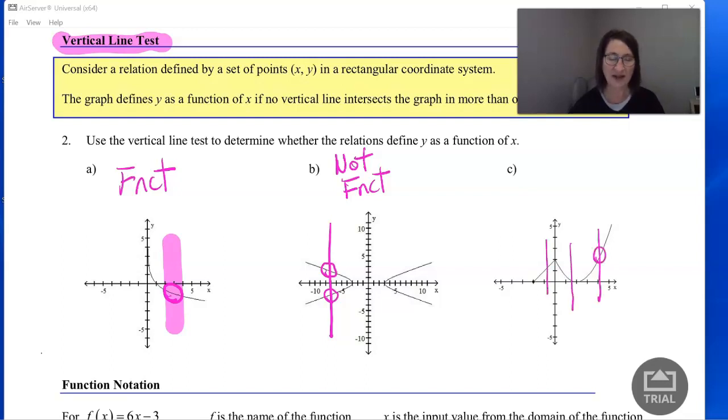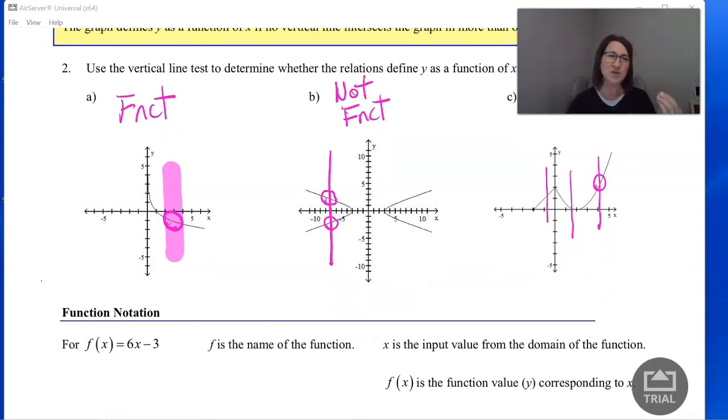It's only going to intersect that graph in one location. And so this one is a function. All right, so now that we know what a function is, I do want to clarify something. A function is also a relation.